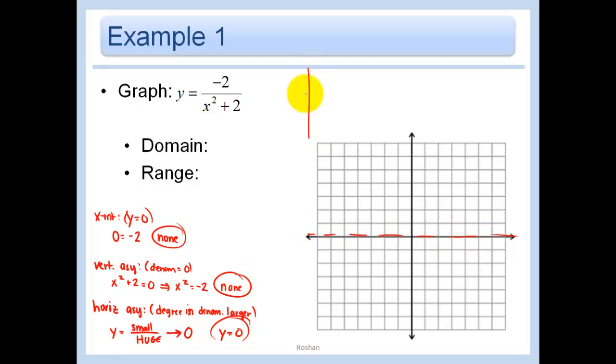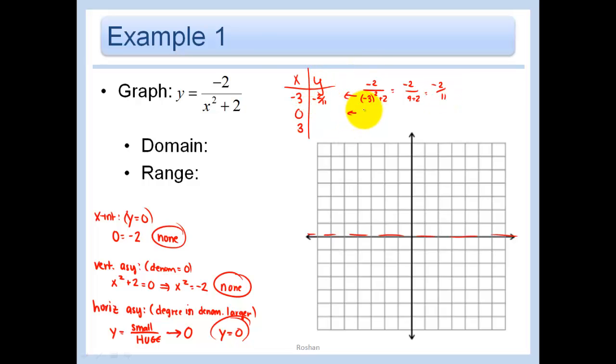And then maybe let's just pick 3 other points. Let's definitely do when x is 0, and then let's just do -3 and 3. So if I put in -3, we get -2 over (-3) squared plus 2, which is -2 over 9 plus 2 is 11, -2/11ths.